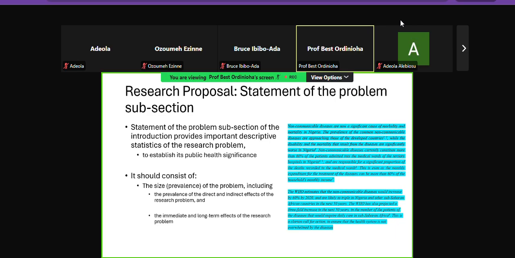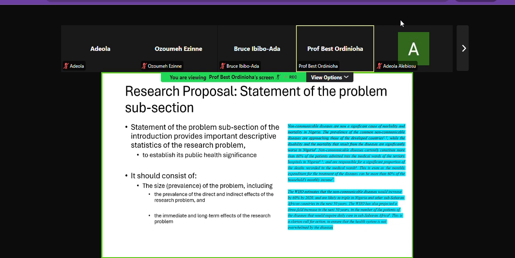So the direct consequences of a health problem are problems that flow directly from the health problem. For example, if you eat fish that is contaminated with crude oil, the direct problem is that you have diarrhea, and it can result in cancer probably after several years.